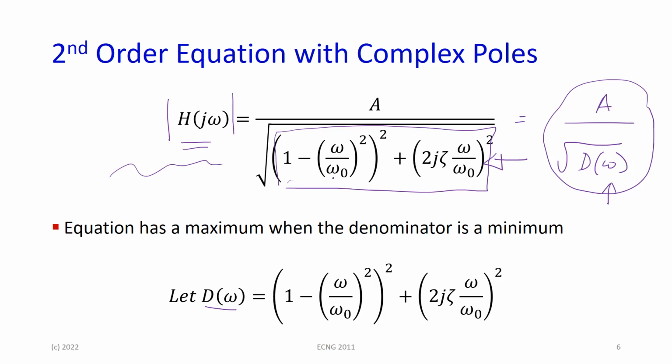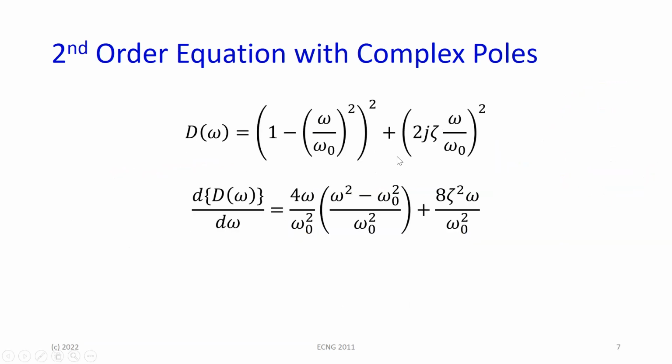If I want to find out when this is a minimum, I need to differentiate it with respect to omega, and then find out when this is equal to 0. When that is equal to 0, then I have my minimum point. Fair enough? Rings a bell?